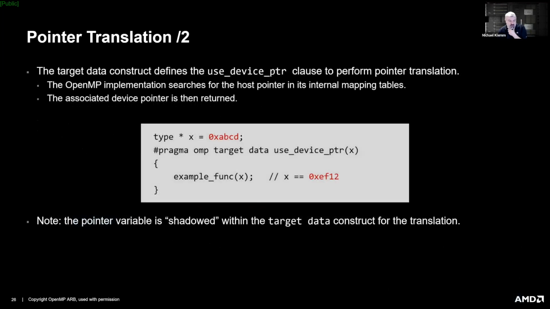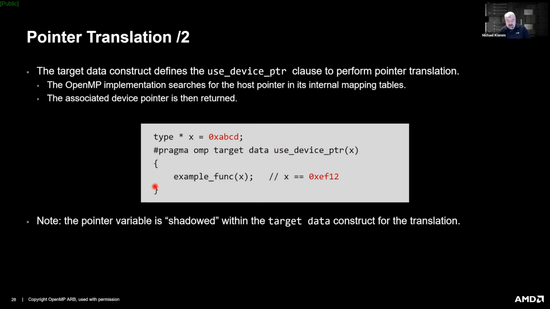And there's a little bit of a brain twister, and I happily admit that this is the case. So say you have X being initialized to ABCD through malloc, whatever. And then when you use target data, use_device_ptr(X), this now does the pointer translation that I was showing on the previous slide. You actually get a shadowing X inside those curly braces, right?